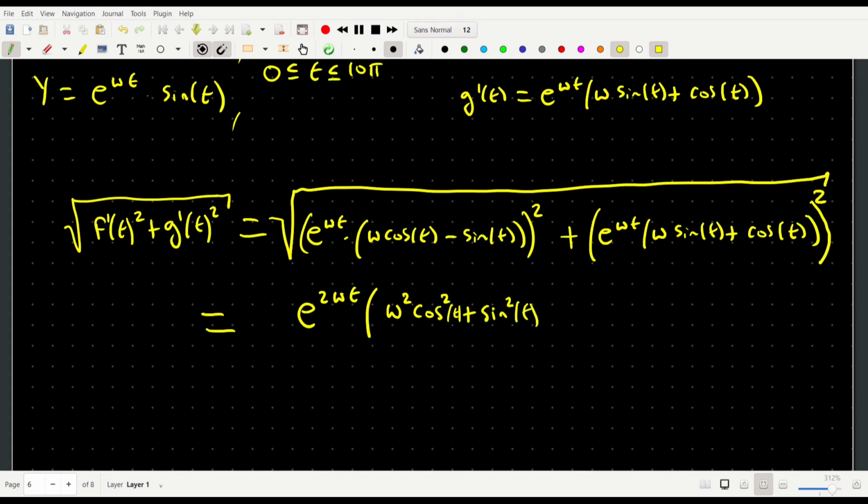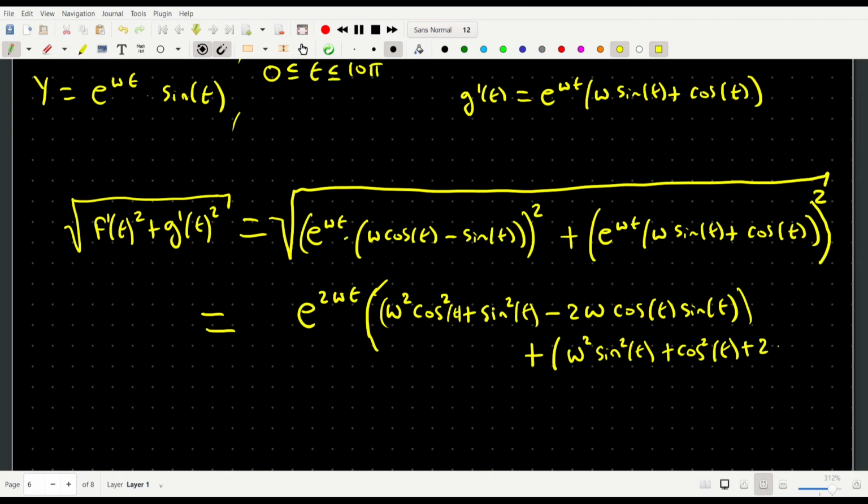So it's this squared plus this squared minus 2 times omega times cosine of t times sine of t. In this term, we also get e to the 2 omega t, so I can just factor that out from the entire thing. This will be plus omega squared sine squared of t plus cosine squared of t plus 2 times omega times sine of t times cosine of t.